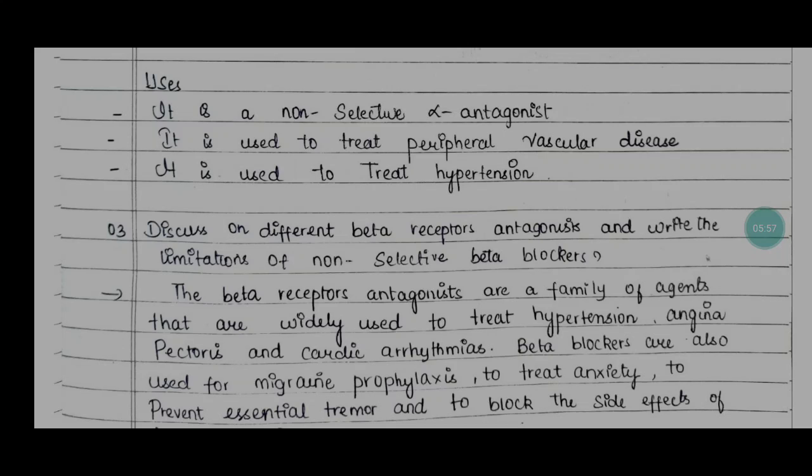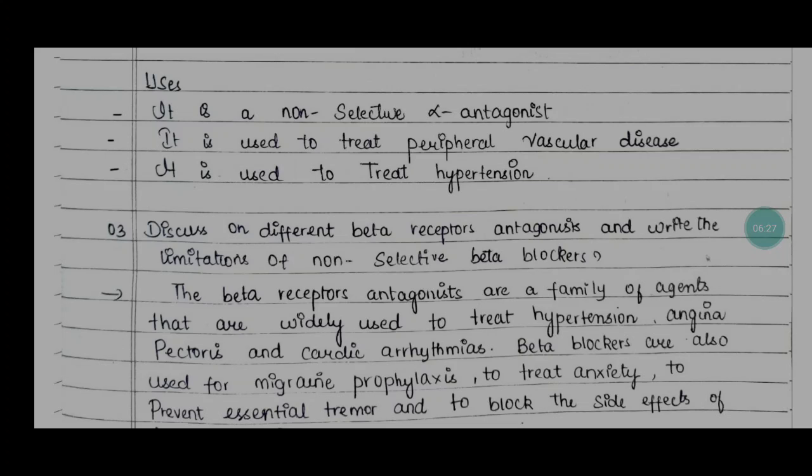And we'll go to the next question, that is question number 3. Discuss the different beta receptor antagonists and write the limitations of non-selective beta blockers. The beta receptor antagonists are a family of agents that are widely used in the treatment of hypertension, angina pectoris, and cardiac arrhythmias, meaning irregular cardiac rhythm.